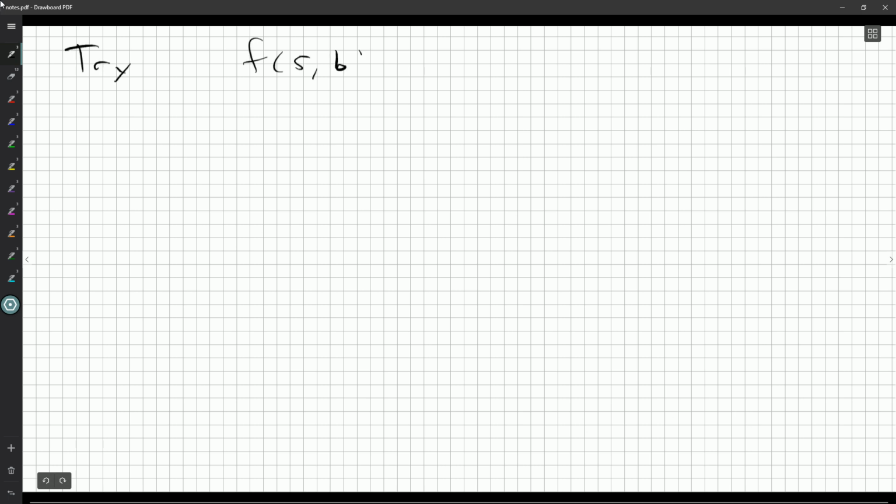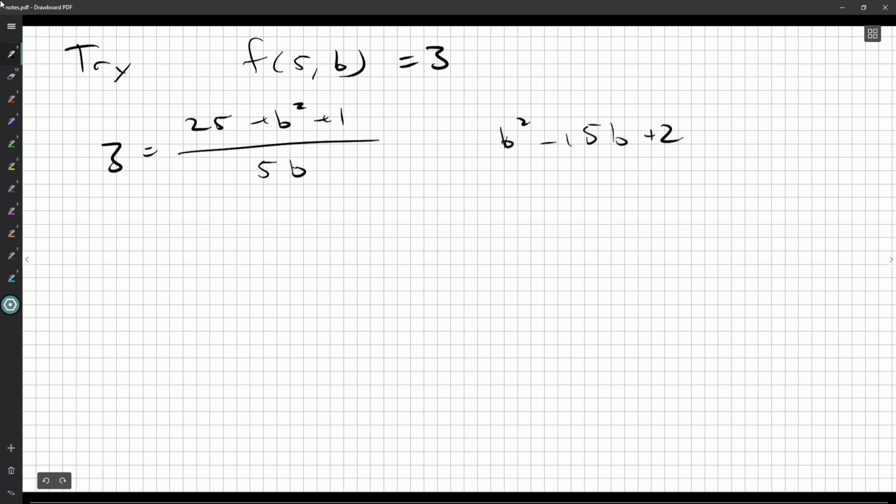So try 5, b. So 25 plus b squared plus 1 over 5b. So we get 15b. So I guess we could say b squared minus 15b plus 26 needs to be equal to 0.